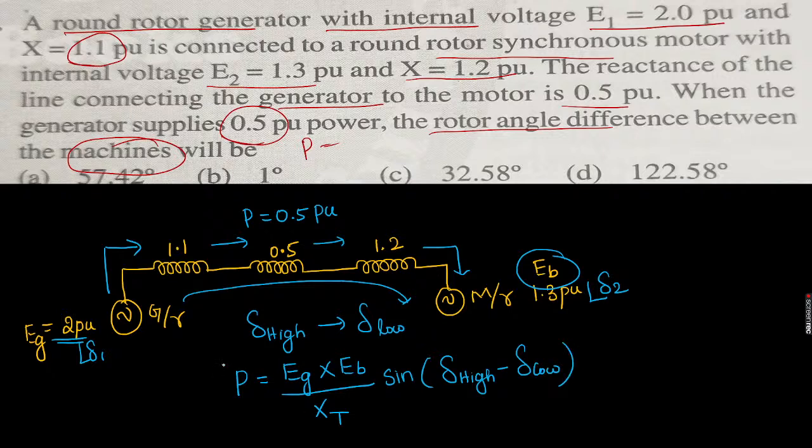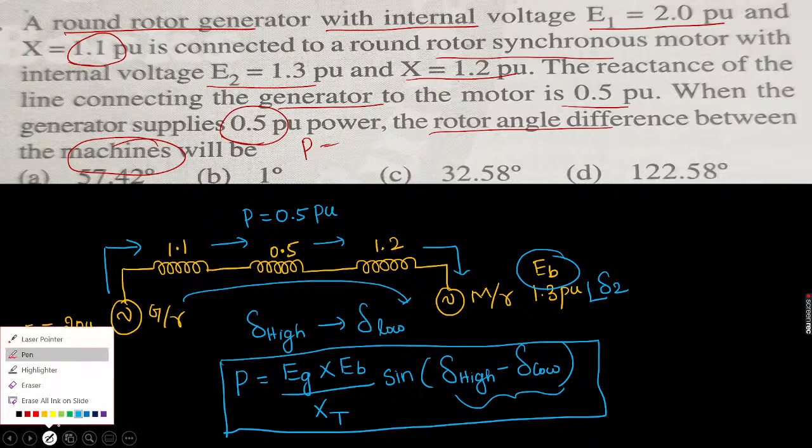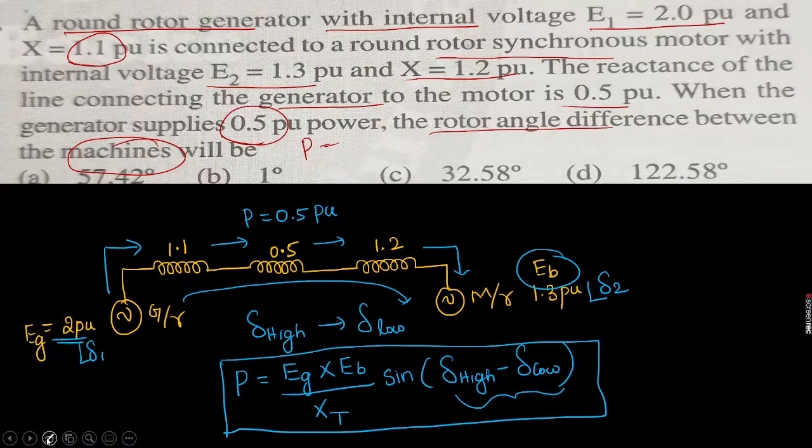That is how we generally write the power flow equation. Now the question is, what is the value of this high value minus low value? This difference is how much? That is the question. All the data is already given in your question. Just substitute and reduce, you will get the answer.